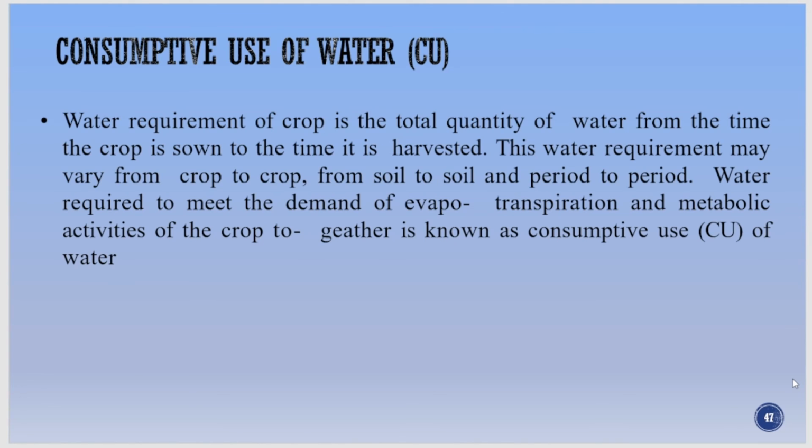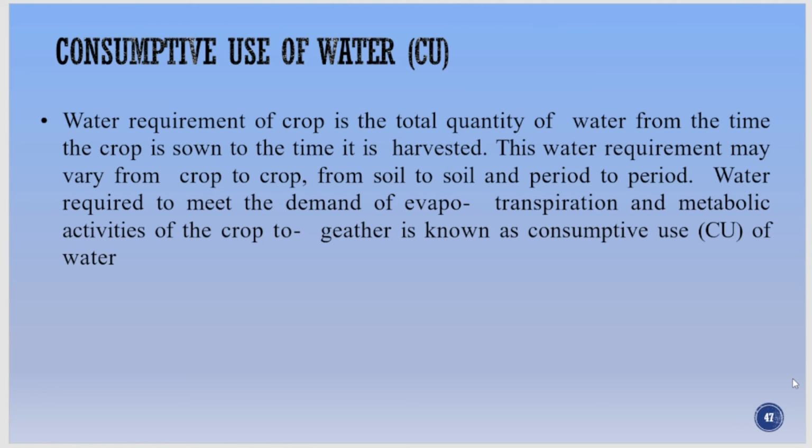For an engineer, it is a loss: the water is getting evaporated and, by transpiration, getting into the atmosphere from what is available on the surface. Here the farmer looks at it as consumptive use. He is consuming that water so that he can grow the crop, right?